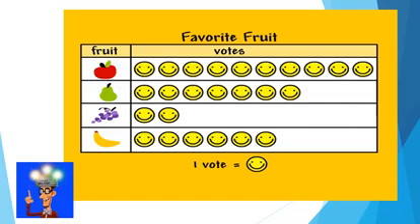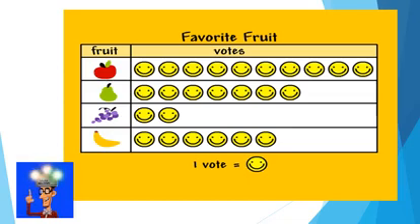So how many people like an apple? Will you count? Okay, very good. So what's the answer? 10. Which means that there are 10 persons who like apple. How about pear?